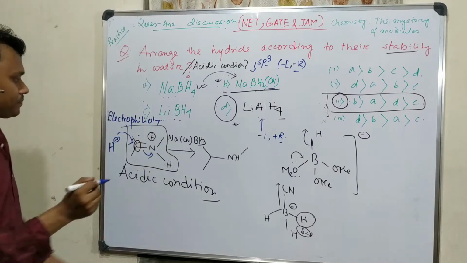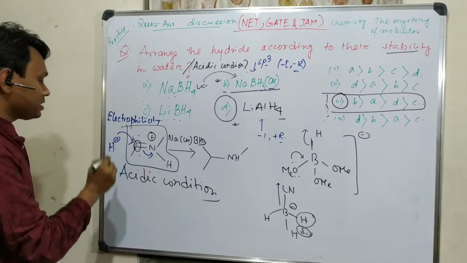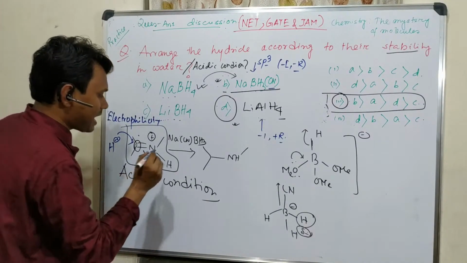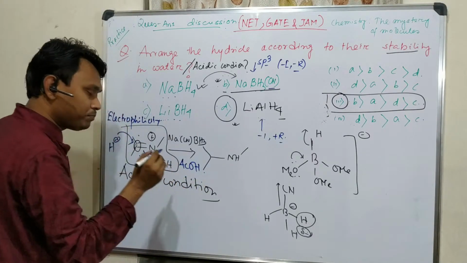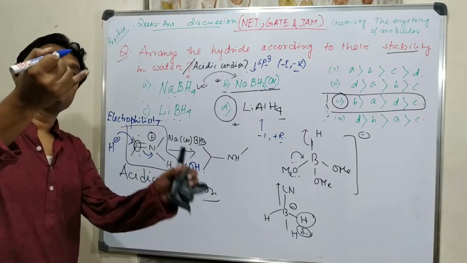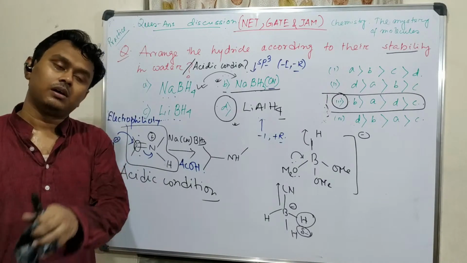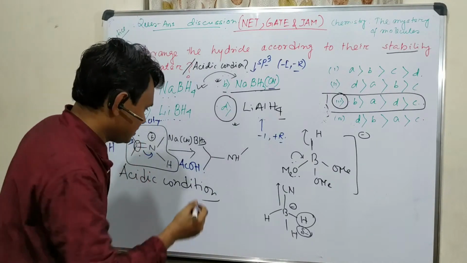So in case of this reduction of imine, the reagent is used under acidic condition, and generally acetic acid is used. When pH is low, the reaction medium is more acidic.